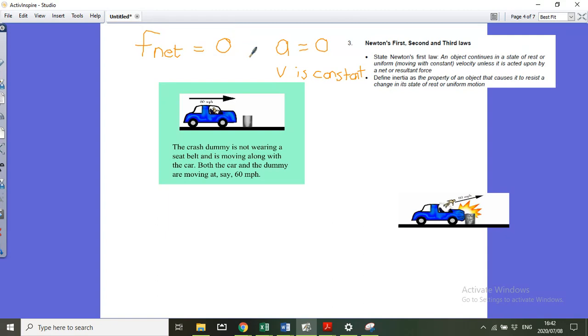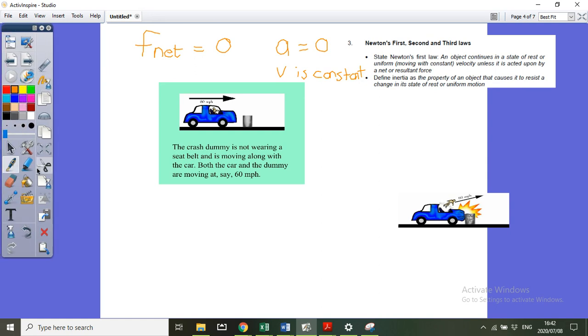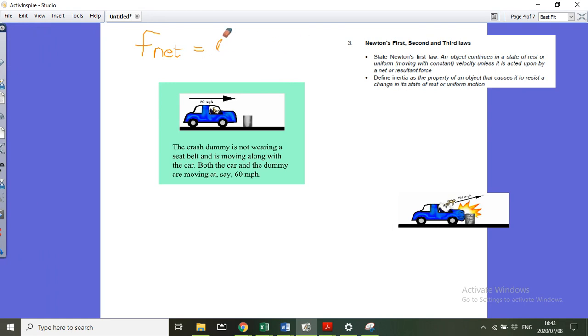But how do they ask Newton's first law? It's normally an explanation question. And in that explanation question, they're going to have some scenario. So the typical question is you have something moving along in a car, on the back of a truck, anything. And it's loose, it can move, it doesn't have a safety belt on, so it's free to move if it could.